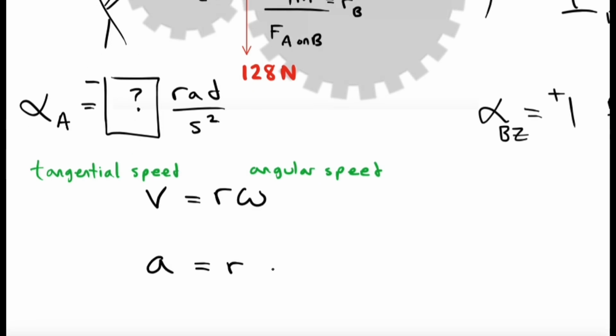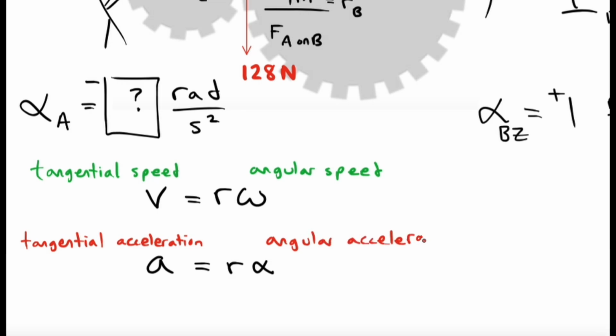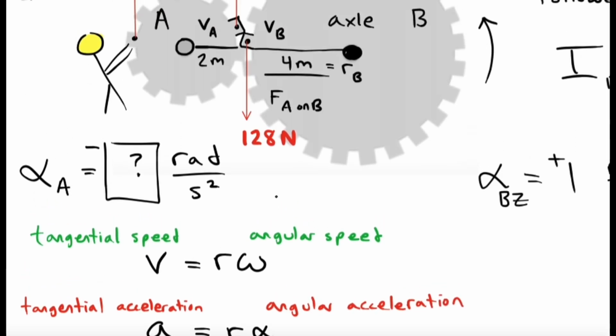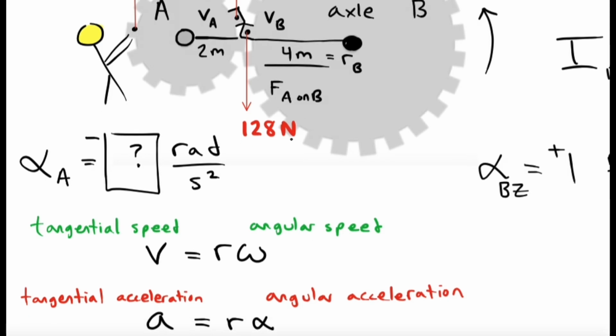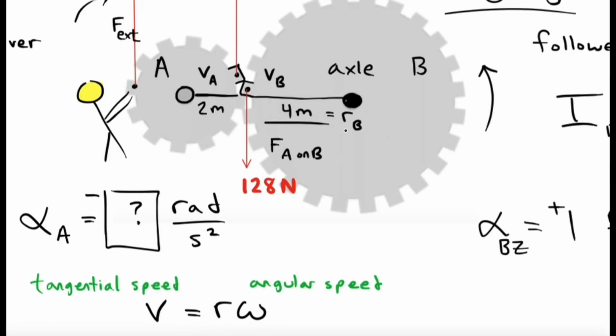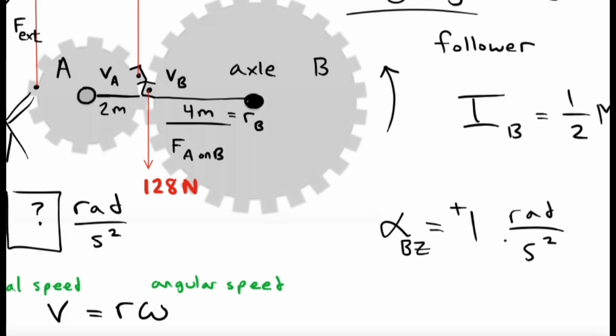A equals R alpha. This one relates tangential acceleration to angular acceleration. Now you've got to figure out which gear you want to do it on. I'm going to start with gear B because I know his angular acceleration.